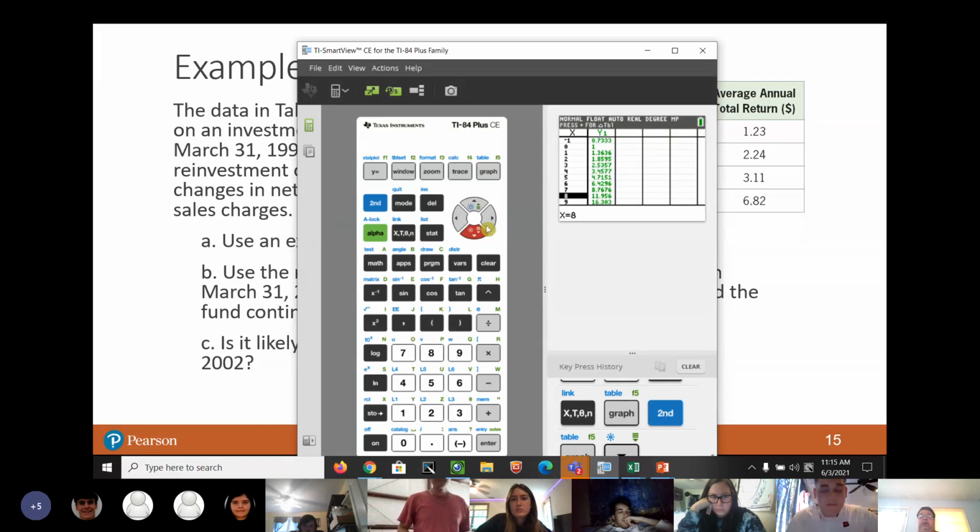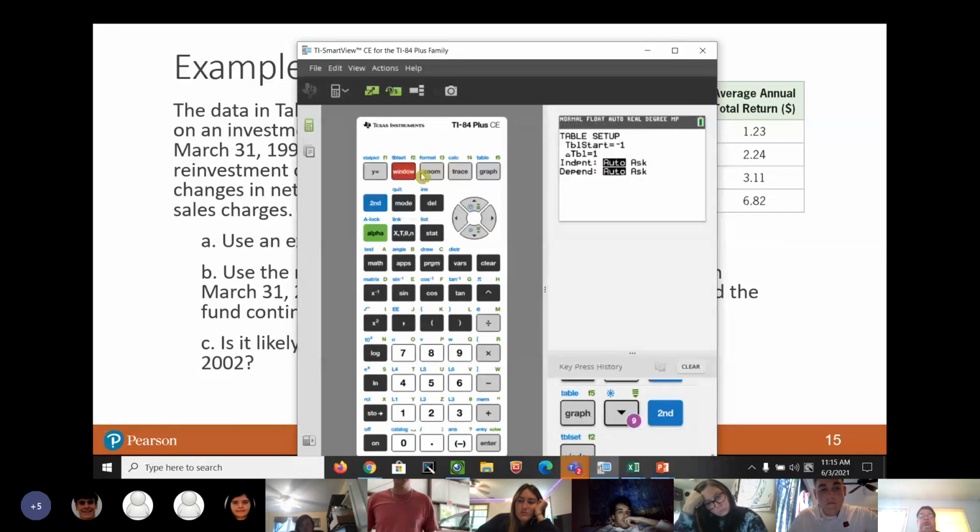So you could adjust your table, second table, and you could adjust it to, I don't know, a 10th, 0.1. That's going to be a mess. Enter.